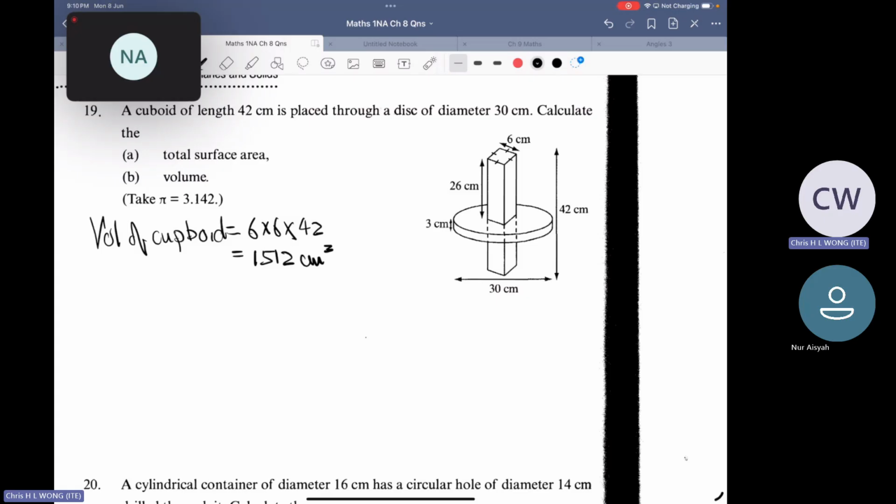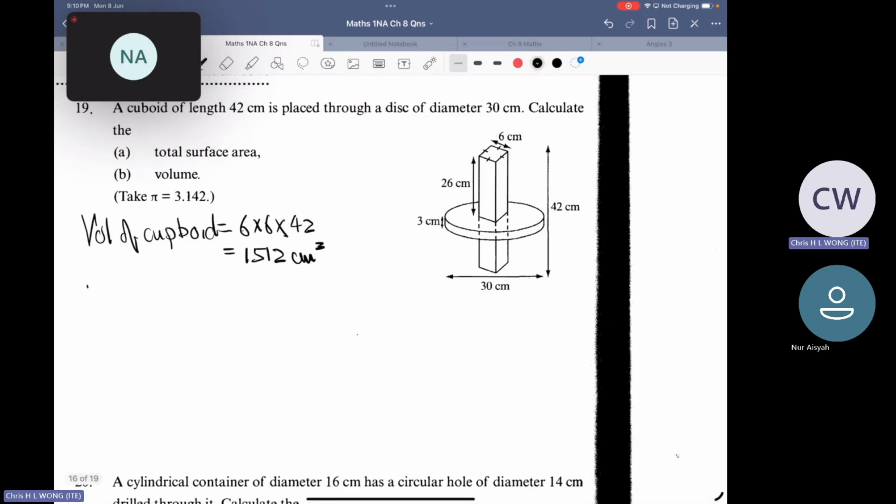Now let us calculate the volume of the cylinder, the whole thing inside. Give me the volume of cylinder formula. 2 pi r L, right? And H, isn't it? Equals 2 times 3.142 times r, which is half of 30, so 15, times the L. What's L?